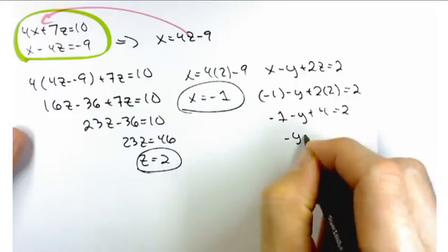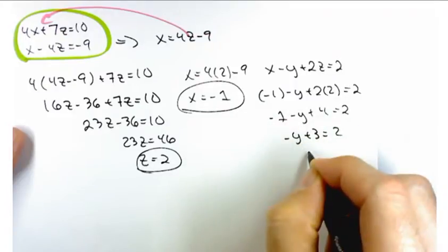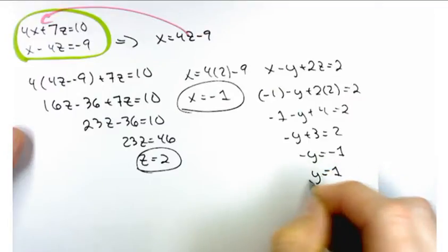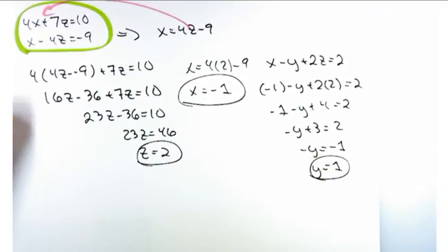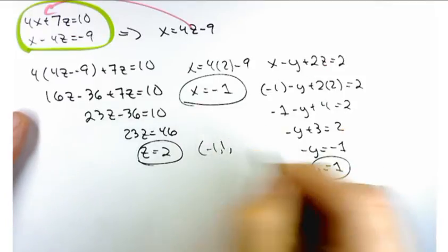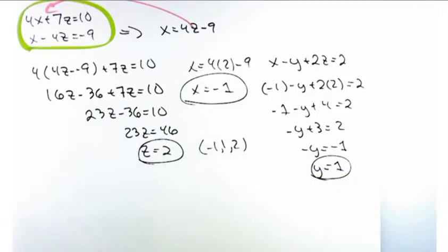So it's negative y plus 3 equals 2. Negative y equals negative 1, so y equals 1. Overall, your answer would be negative 1, 1, and 2. Nice.